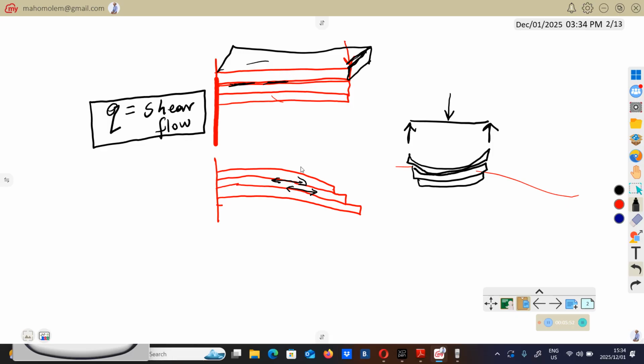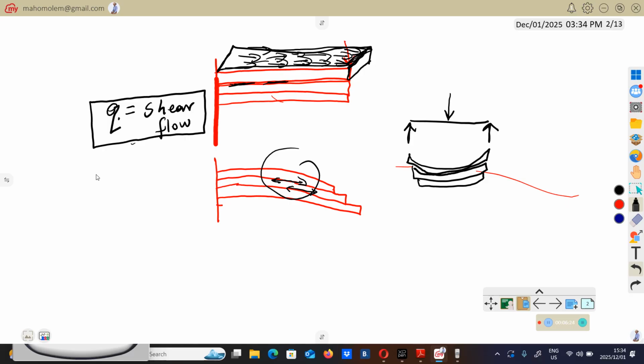As this thing bends like that, there will be a sliding force generated. This total force that you see with these arrows here, for 1 meter length, is going to be given by this q, which is the shear flow.